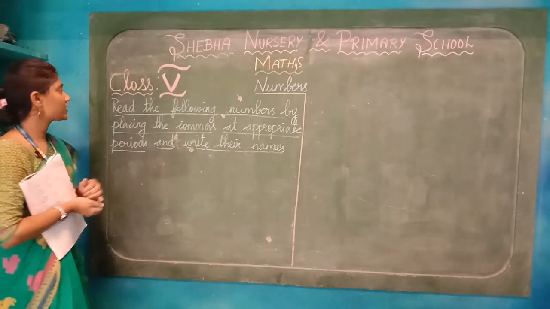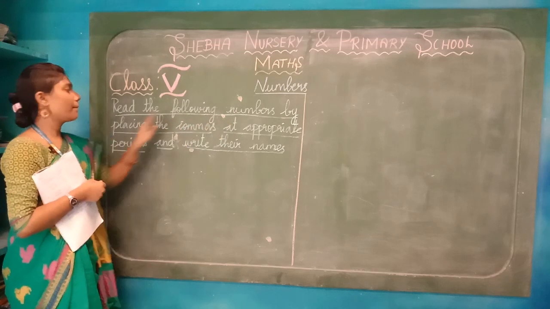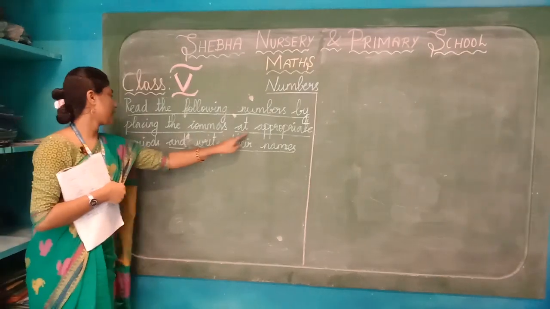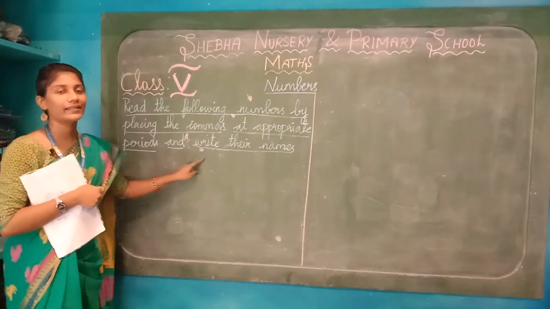Listen children, read the following numbers by placing the commas at appropriate periods and write their names.